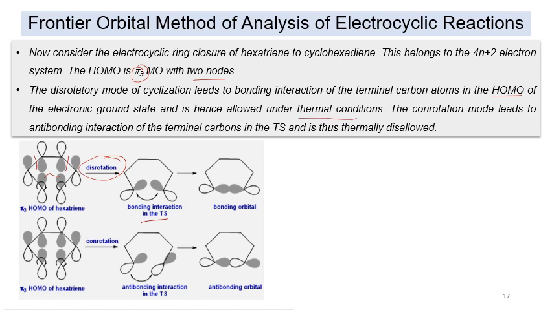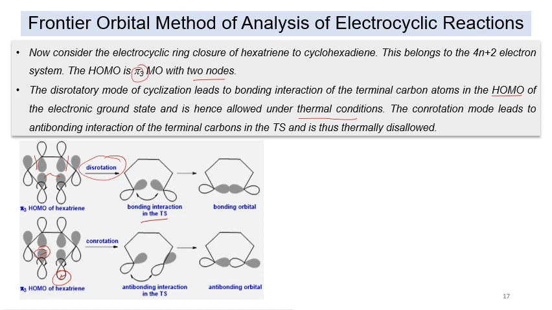Let's look at the conrotation mode. In the conrotation mode, we are going to move the orbitals in the same sense. Therefore, this particular orbital is now going to react with this particular orbital.